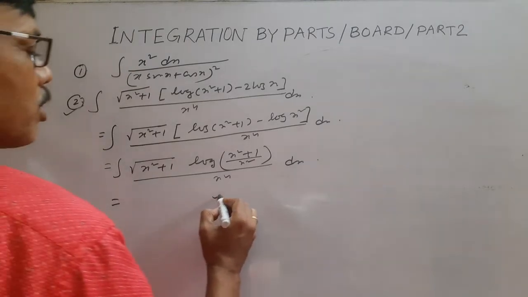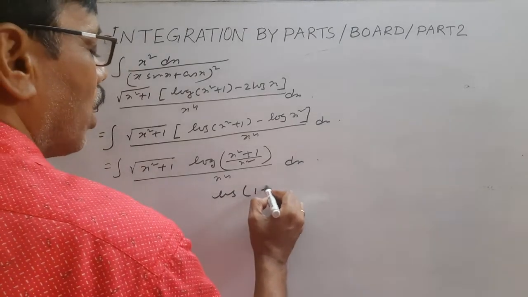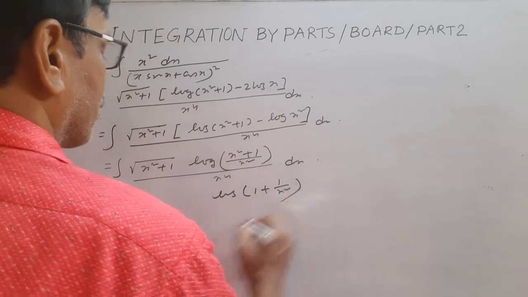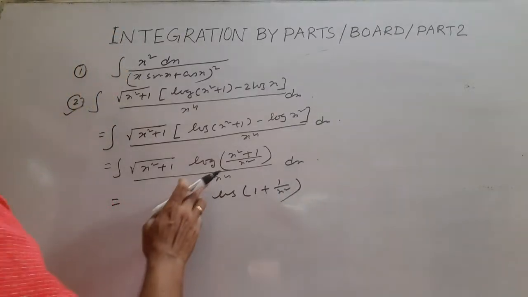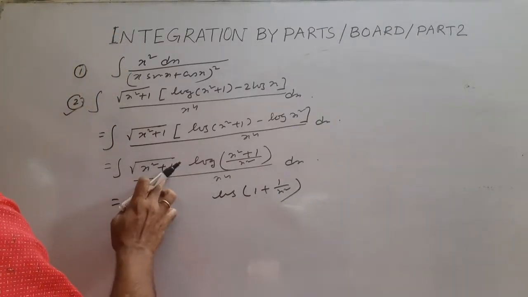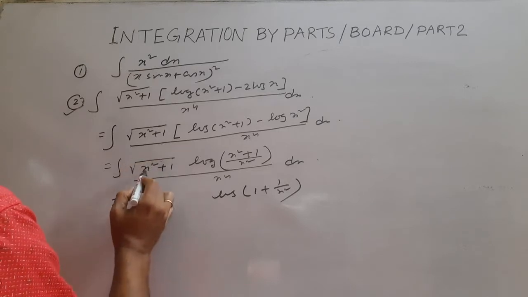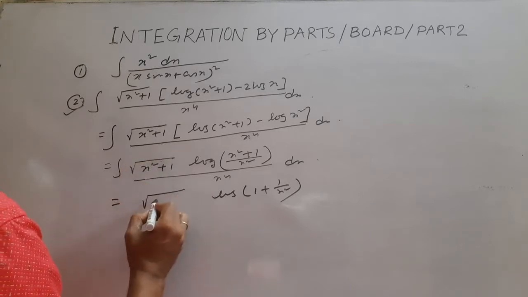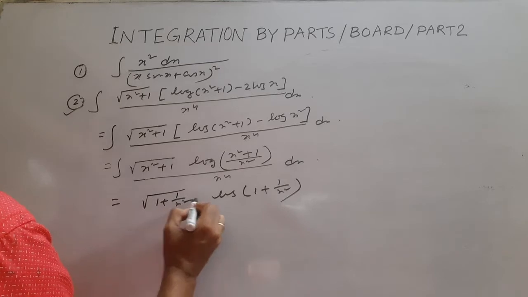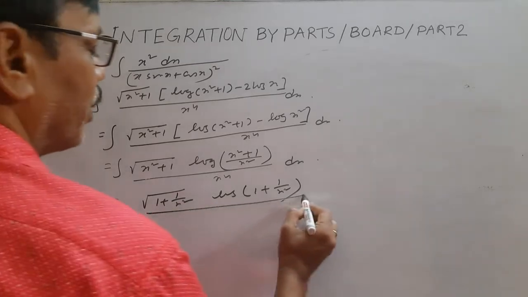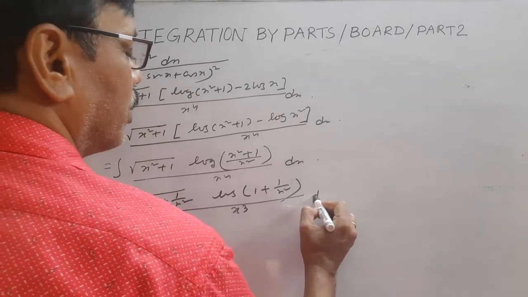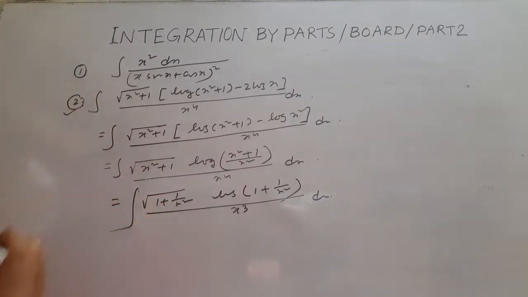So look, this is log 1 plus 1 by x square, and if you divide by x within root over, it is x square. So 1 plus 1 by x square, then x cube dx. So this step is to be noted.